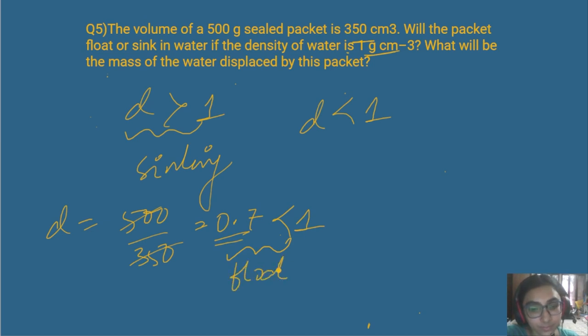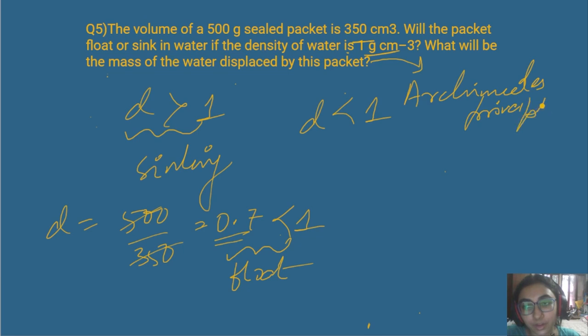Okay. So now what will be the mass of the water displaced by this packet? This we have to find out by Archimedes' principle, right? So it had said that the amount of the water displaced by it will be equal to the volume that is immersed or partially immersed or floating on water, right?